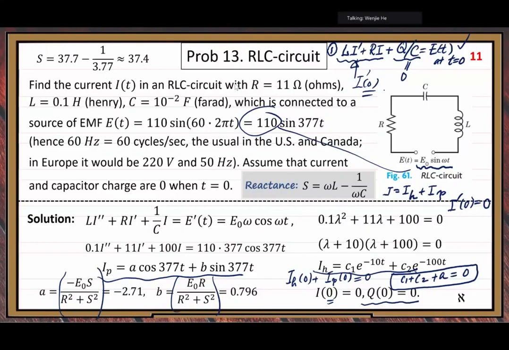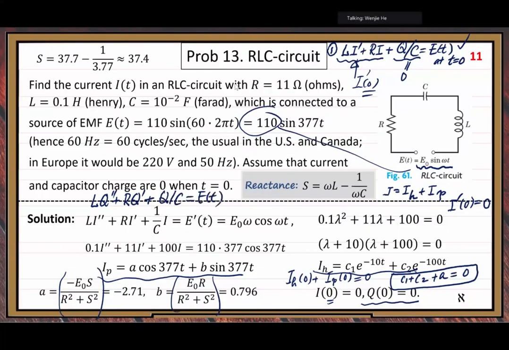So that's one. Another, you can use the Q version. Remember, we have a Q version: L Q double prime plus R Q prime plus Q over C equals E function.